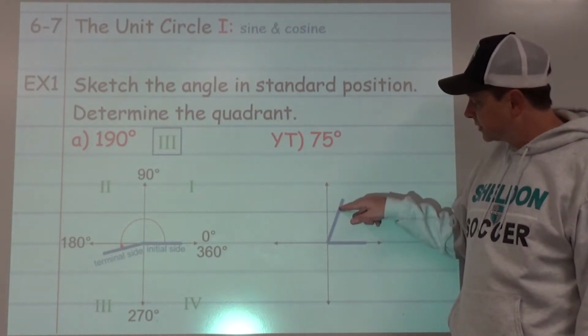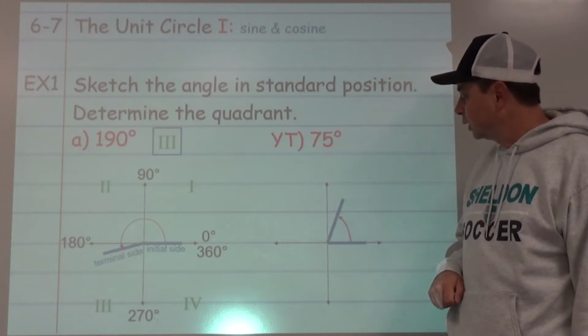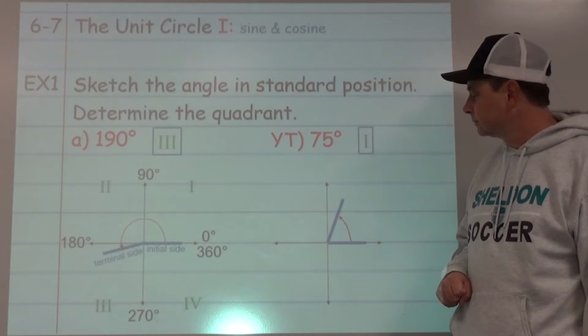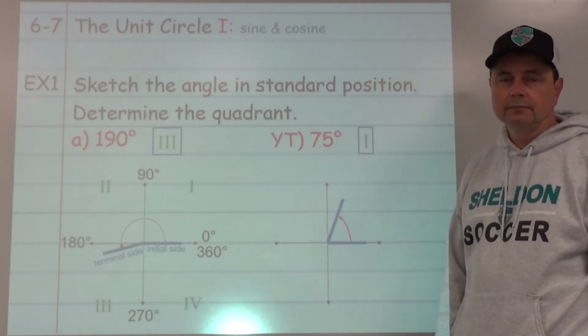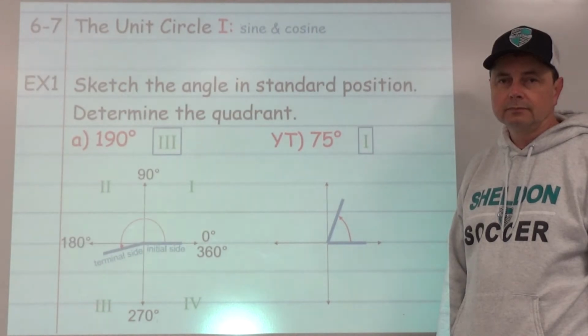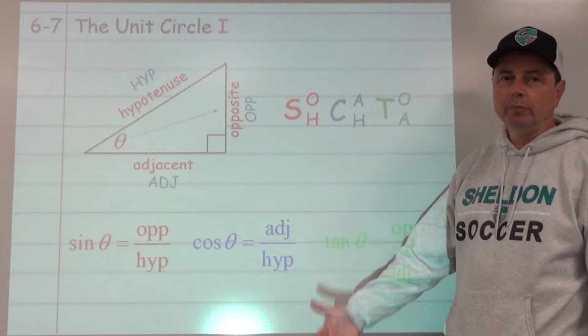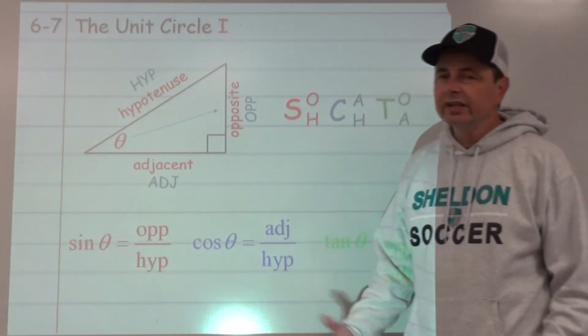There's the terminal side, not quite to 90 degrees. There's our arrow of rotation. And we are in quadrant 1.